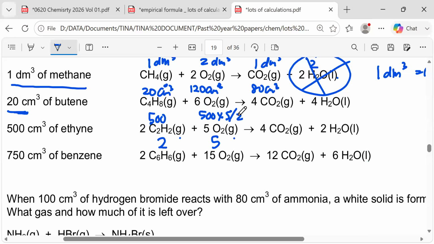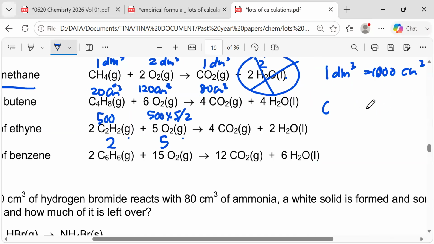Get it? Why divide? Because it's not 1 to 5, it's 2 to 5. I put it like this, then you understand. C2H2 to oxygen is 2 to 5. Again, so it's 500 to 1250. Oh, cannot just times.